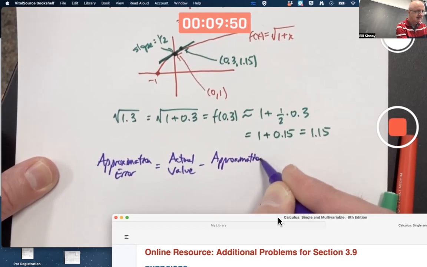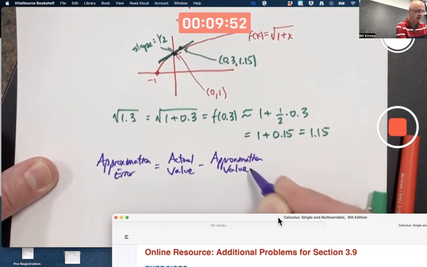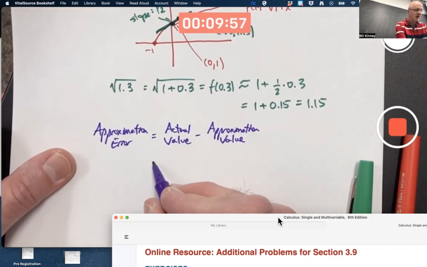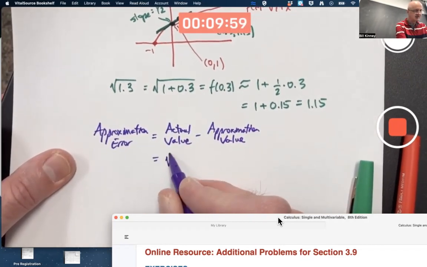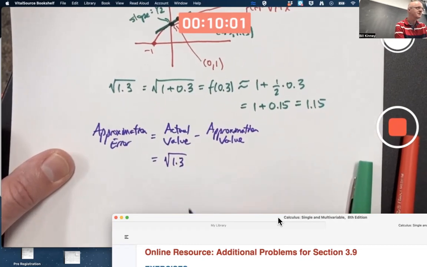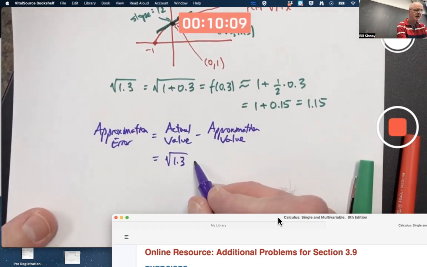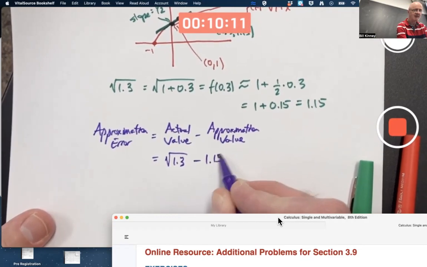I'm calling this approximation error. The exact approximation error is the exact square root of 1.3, which is an infinite decimal that goes on forever and ever without a repeating pattern. Nobody knows all the digits. Minus this approximation that we got, 1.15.